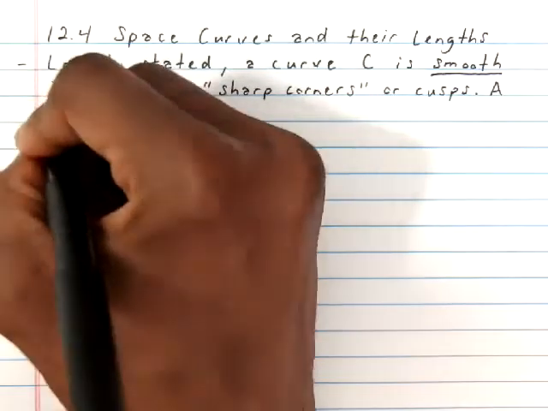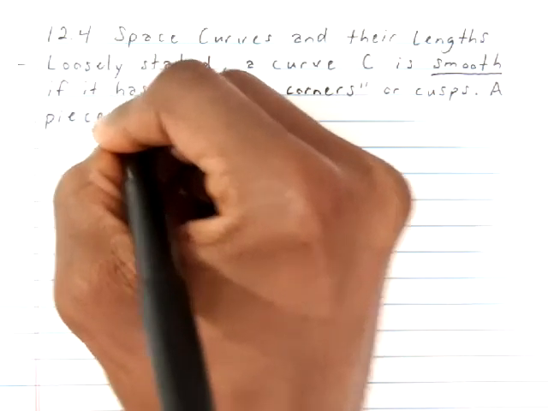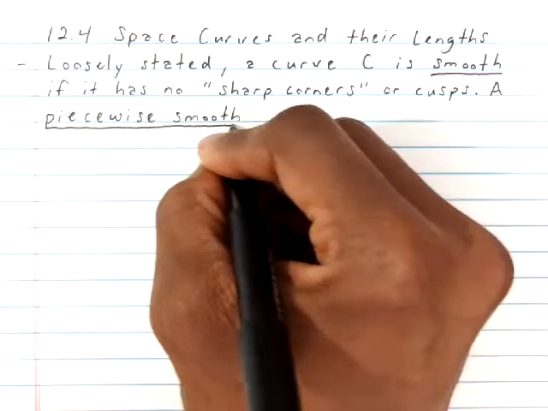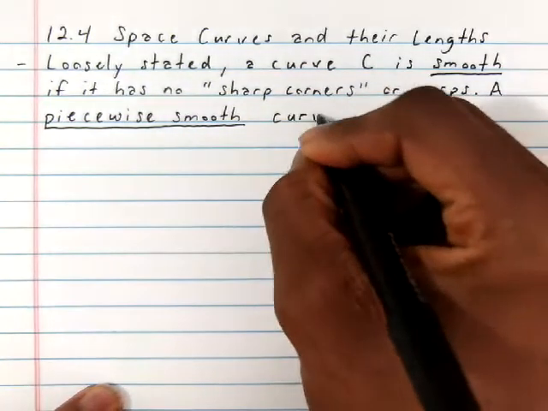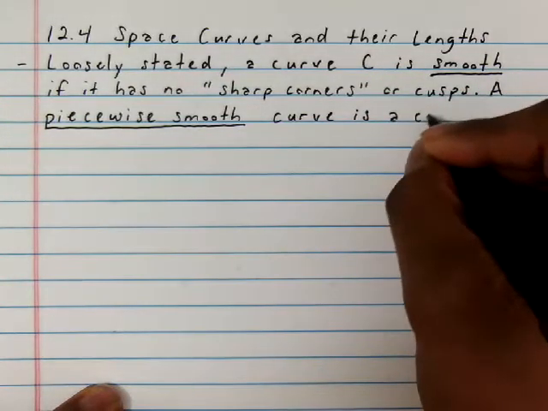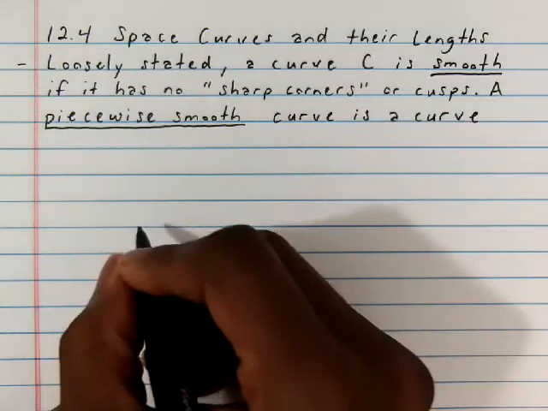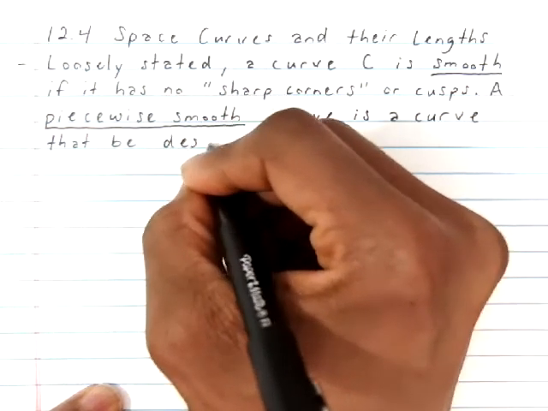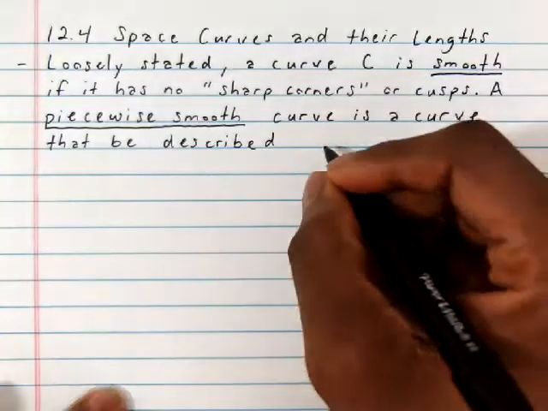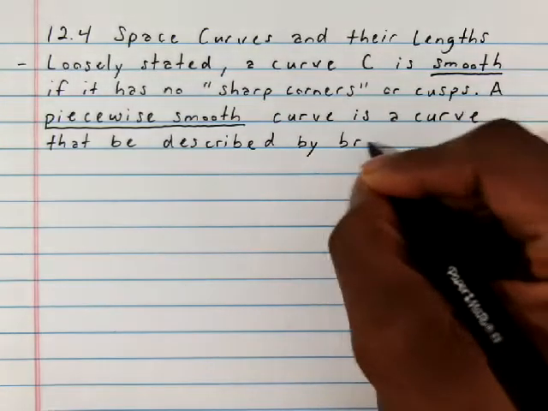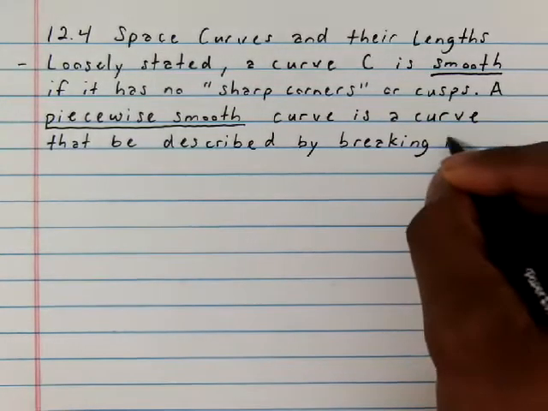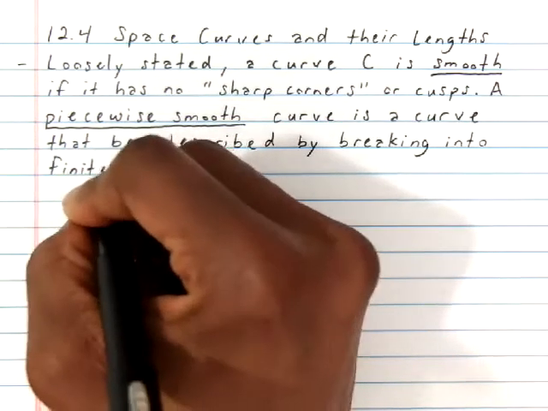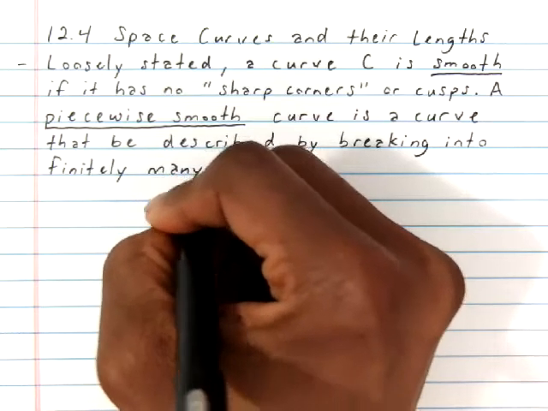A piecewise smooth curve is a curve that can be described by breaking it into finitely many smooth curves.